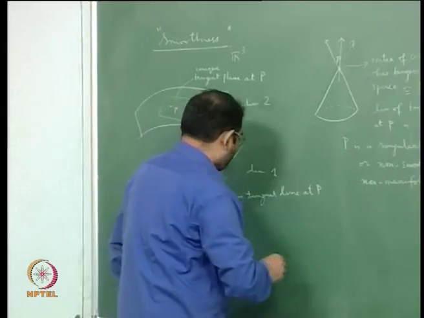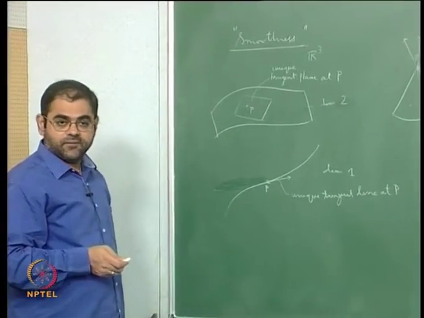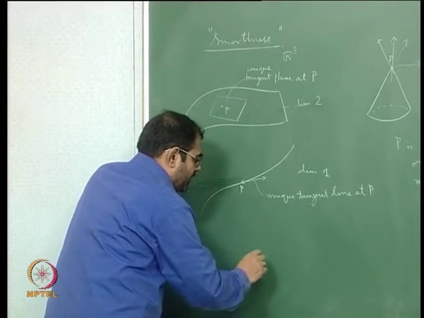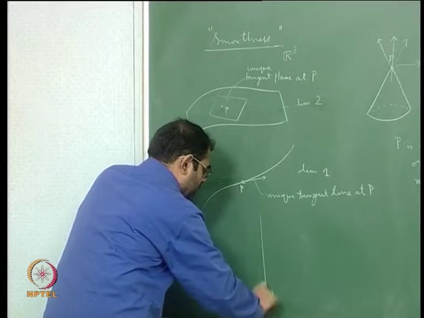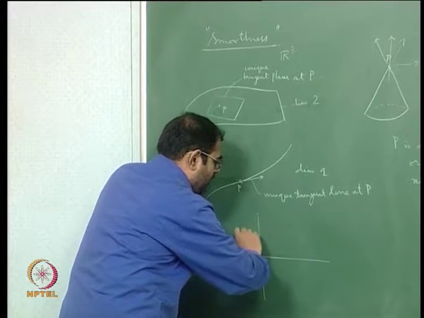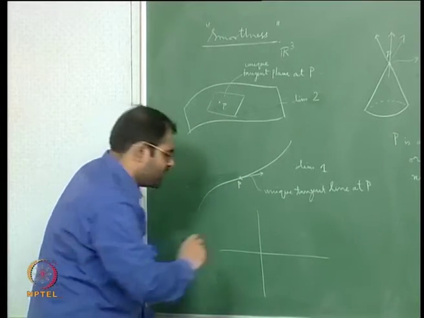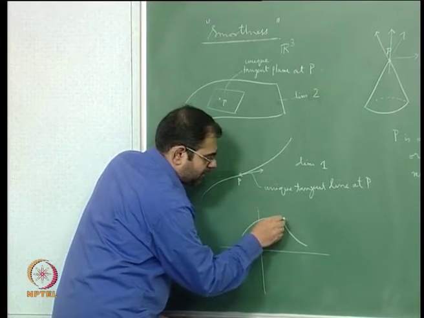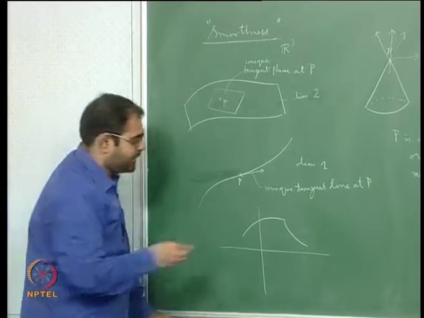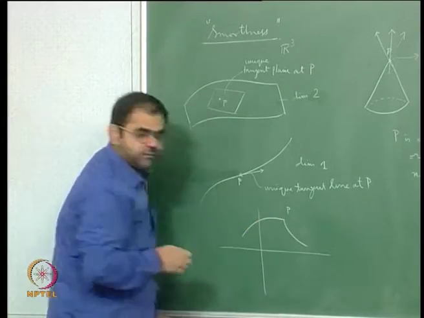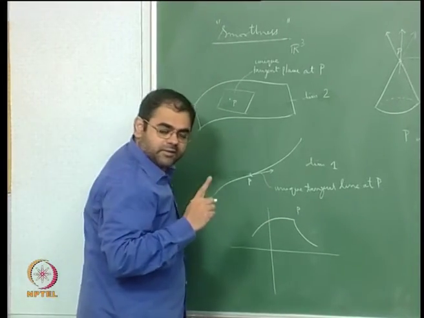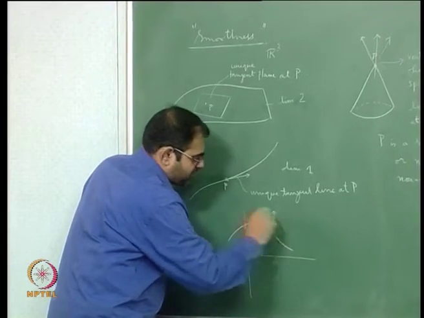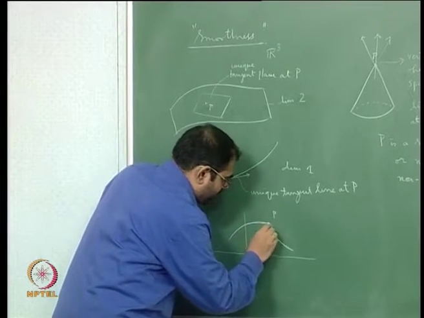However, if I take a curve which is not a smooth curve, then things can be different. On the plane, I can easily draw a curve which is not smooth. For example, if I purposely draw something like this with a kink here and take this point, then if you calculate the tangent space, you will easily see that you can draw 2 tangents. If I approach from the left, I will get a tangent like this.